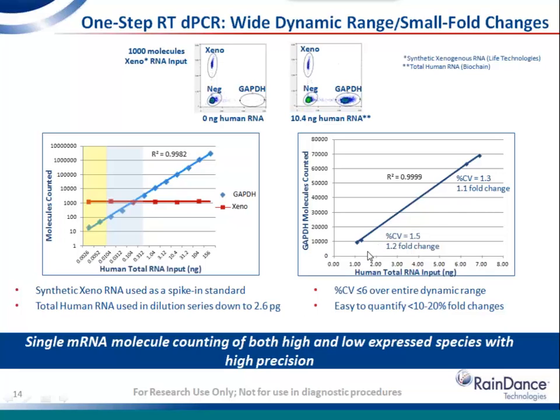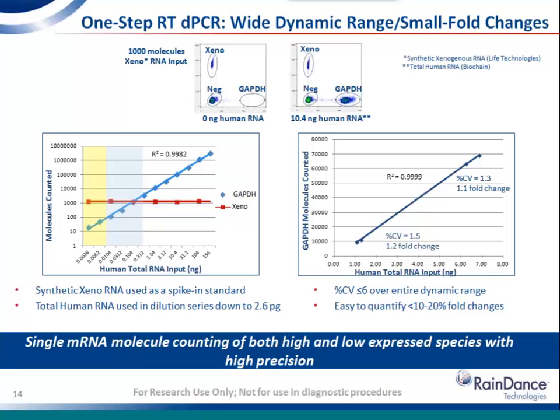So a 10% or a 20% change in the amount of total input RNA was clearly able to be detected, and the CVs were down below 2%. So clearly the system is very precise and enables very small fold changes to be quantified.